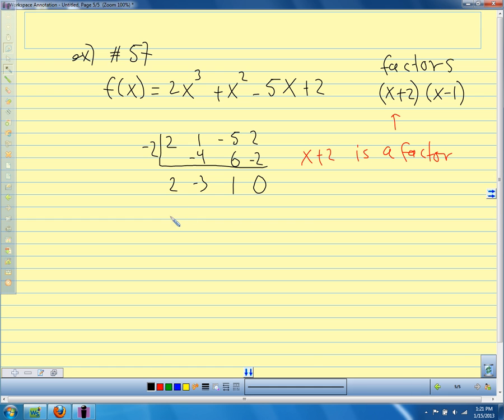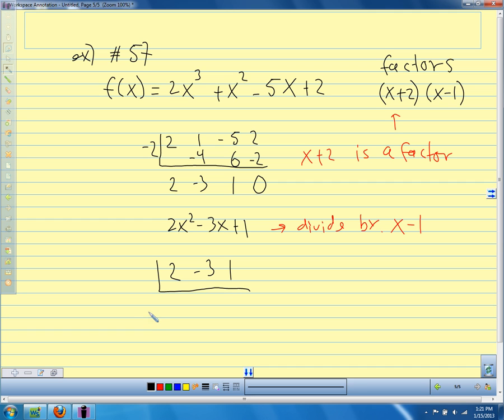This tells me that what I'm left with when I divide by x plus 2 is 2x squared minus 3x plus 1. And I'm going to divide this by x minus 1. So we'll do synthetic division. I have 2, negative 3, 1.